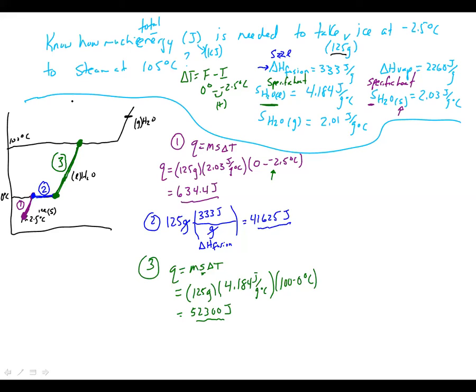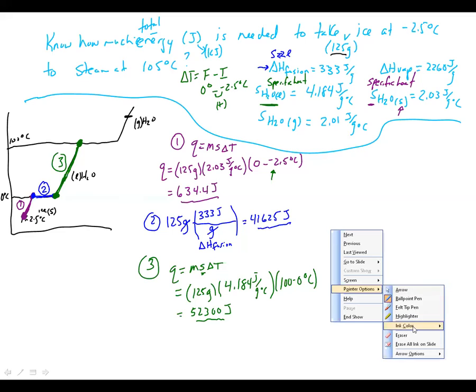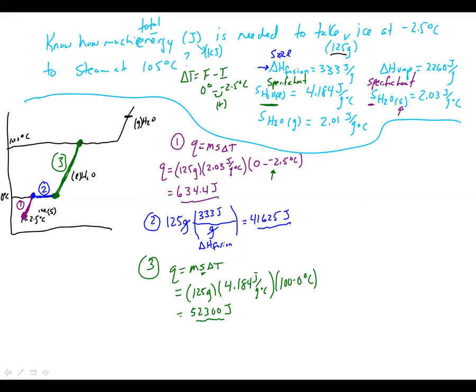So the next process is taking that liquid water that's sitting at 100 degrees Celsius and converting it to gas at 100 degrees Celsius. So here we would be starting here, going this way to here. This would be our fourth step.